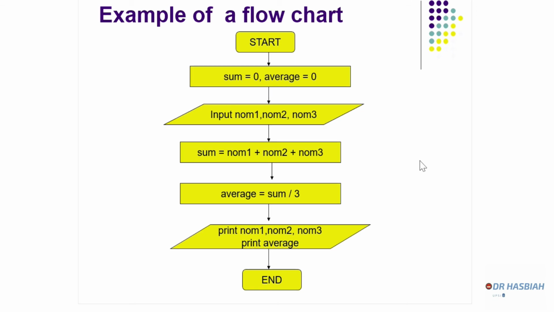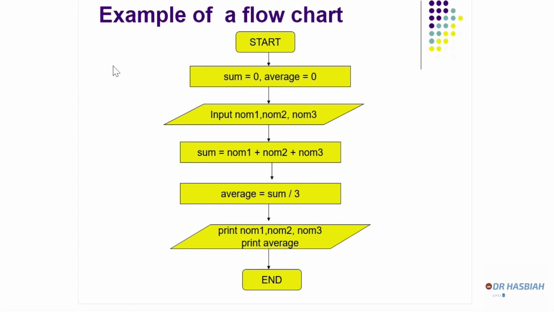Let's see the same example that we used just now, to calculate the average of the numbers that we entered. We entered 3 numbers and calculate the average, but now we want to use the flowchart. As I said just now, if you want to use the flowchart, you have to get familiar with all the symbols.